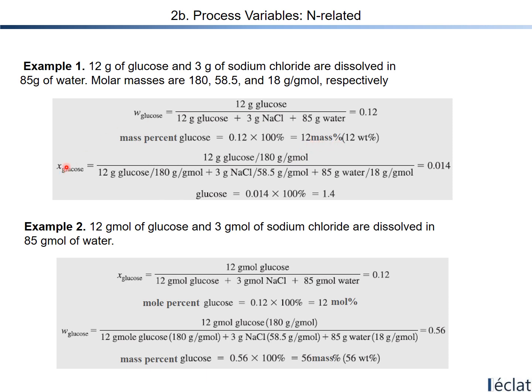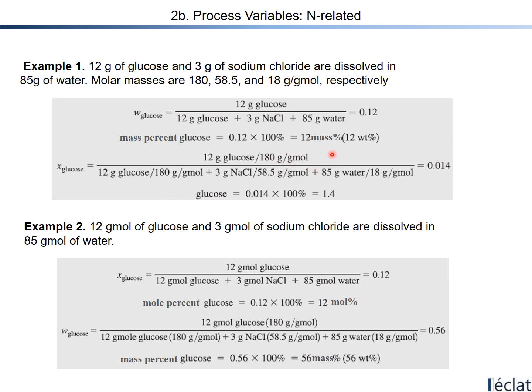How about the mole fraction of glucose? Almost similar. Right now, glucose in the numerator and in the denominator, glucose plus sodium chloride plus water. But you should convert the gram into mole. It's time to use the molecular weight of each species. So 12 gram glucose per each molecular weight is going to gram mole.